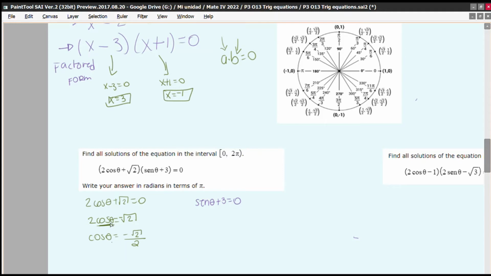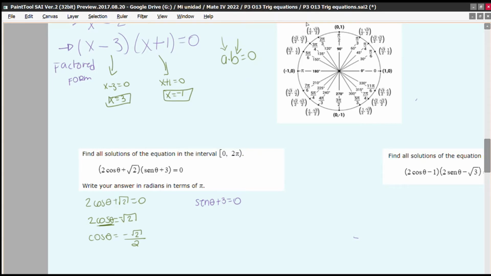Because you know what angle gives you a value of cosine of square root of 2 over 2. If you use your hands, you know that the middle finger is the angle of pi fourths, you know that cosine of pi fourths is the square root of 2 over 2. But I don't want a positive value, I want a negative value.